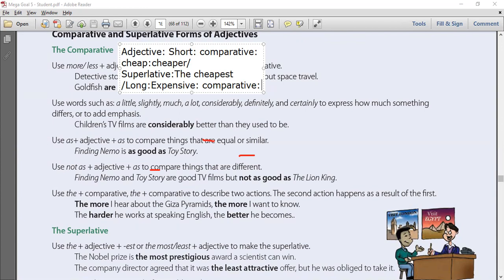More expensive. I cannot add er in a long adjective. So I'm going to say more expensive.